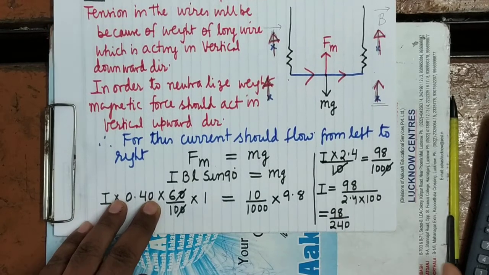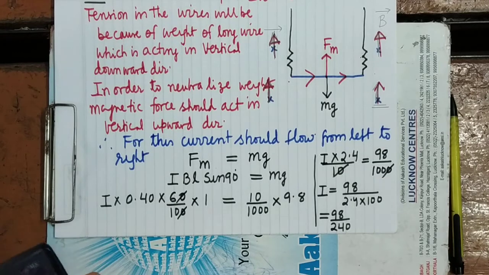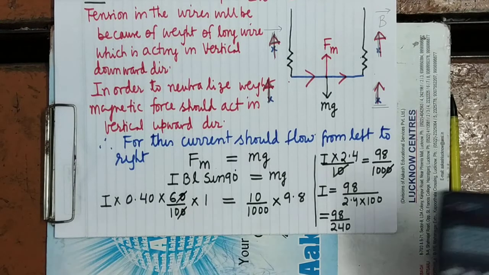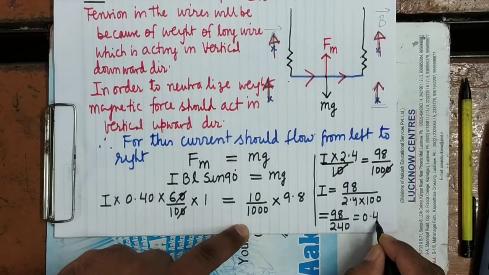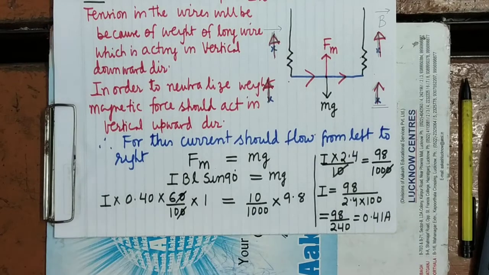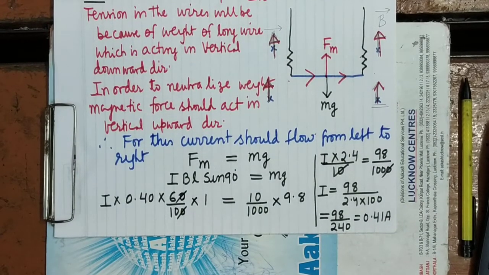When you calculate this 98 upon 240, it will come out 0.408. That is 0.41 ampere. This will be the current.